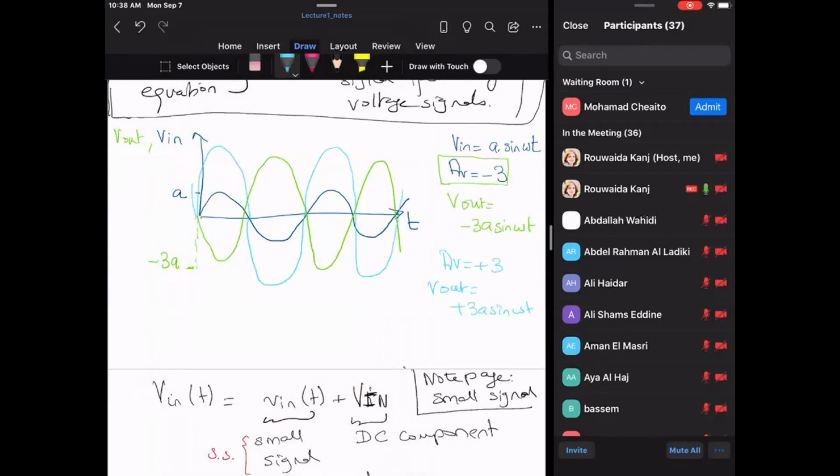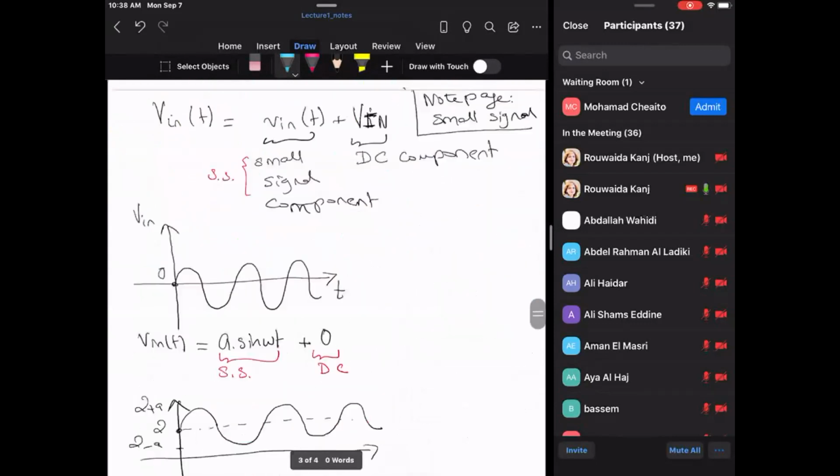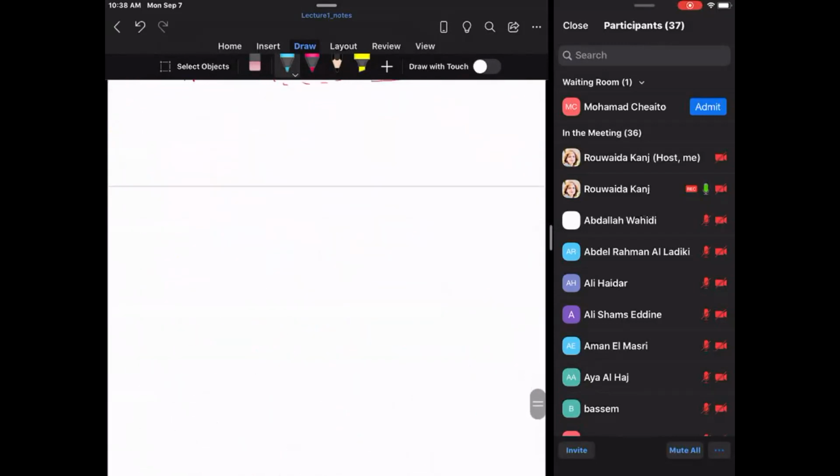So depending on the gain, my output can be in phase or out of phase with my input. Now we will continue moving on to the next page of materials.